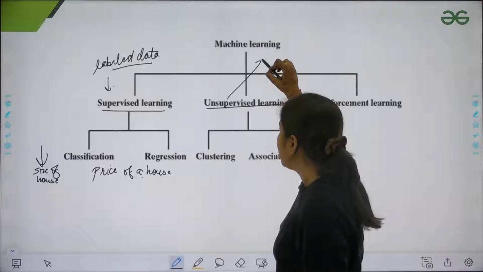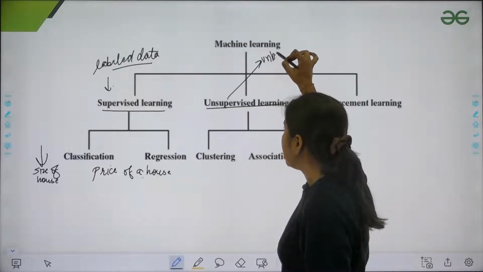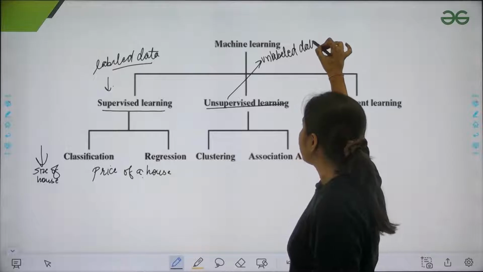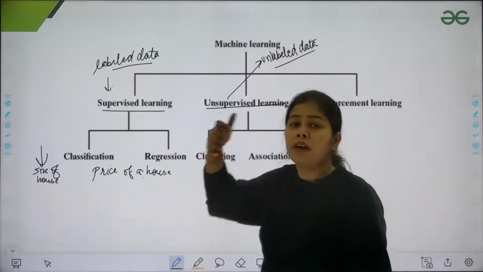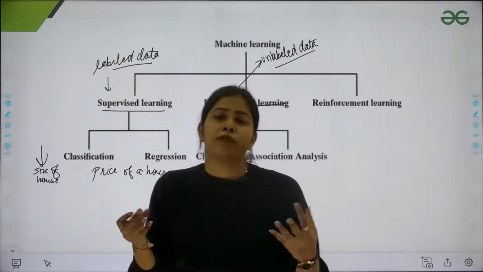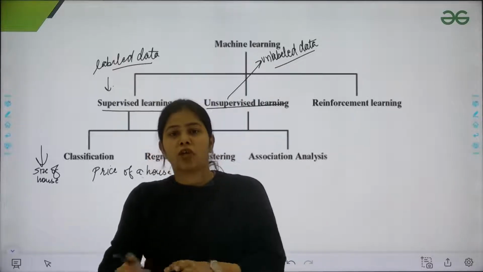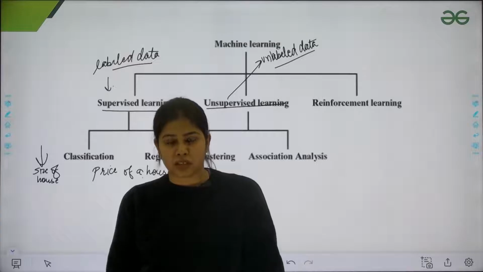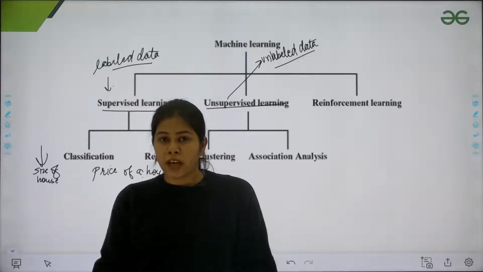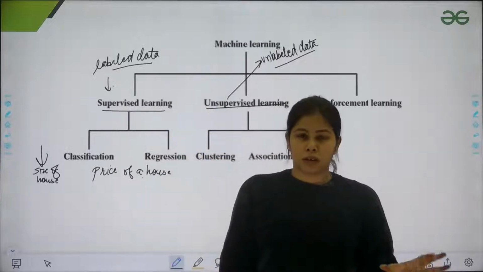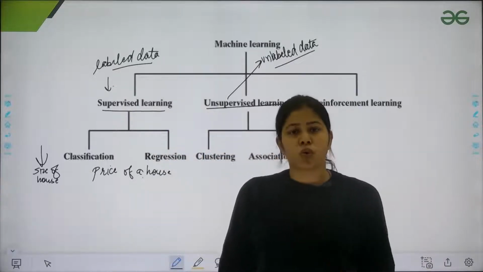Unsupervised learning. In unsupervised learning, we have unlabeled data. Unlabeled data means, let's suppose we have data of people who go through Netflix, right? Now I have to build a recommendation system, and I have data of people who scroll Netflix.